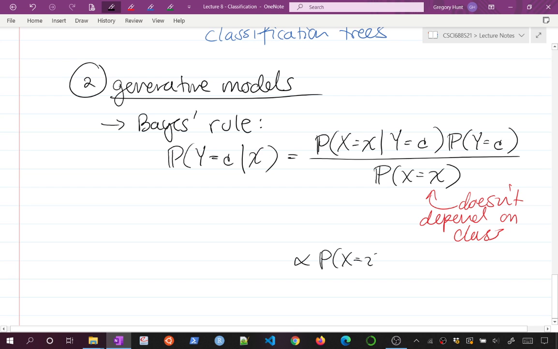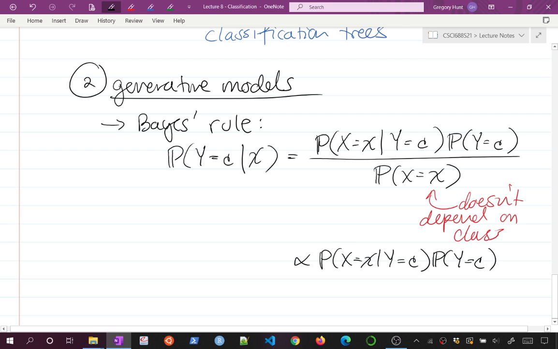Each of these parts here depend on C, my potential class, the class I want to calculate this for. And so you can actually just drop the denominator. We don't actually care that much because it's not going to change for different values of C. So if all I'm trying to do is maximize it, it's the same denominator for each value of C. I can just ignore it and just work on maximizing the numerator here.